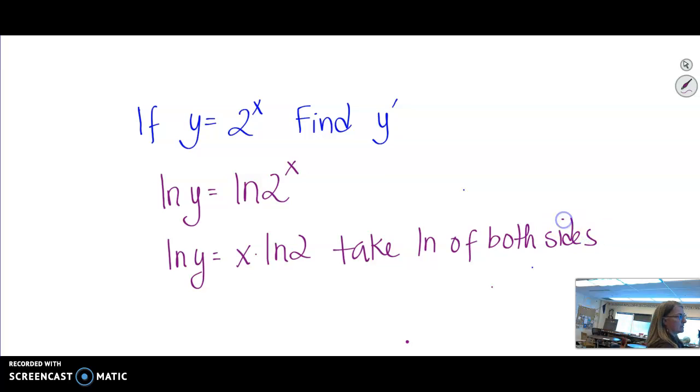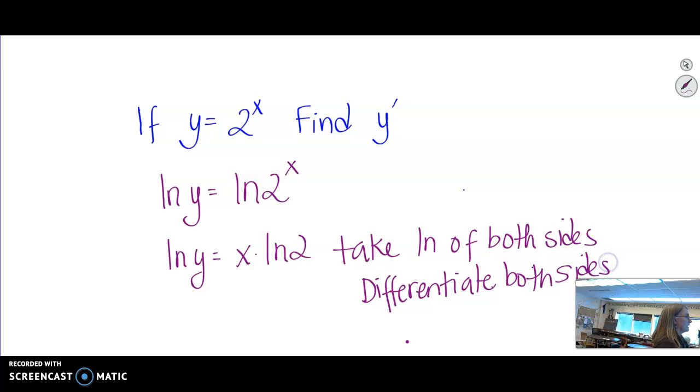Now we're going to find the derivative, so we're going to differentiate both sides. All right, so the derivative of ln of y with respect to x, we're going to have to use implicit differentiation.